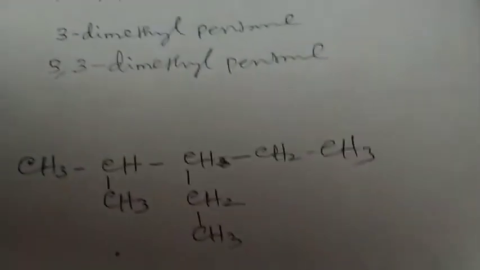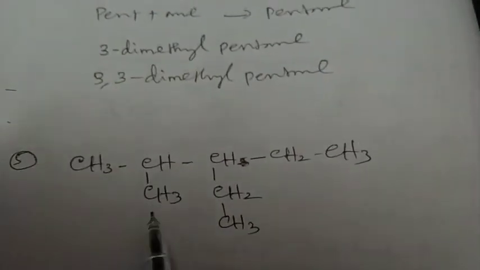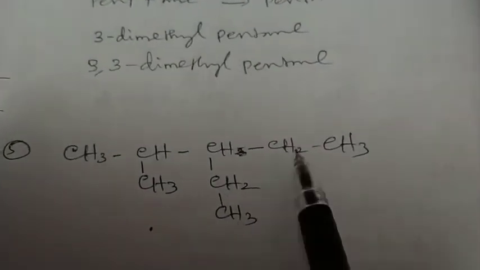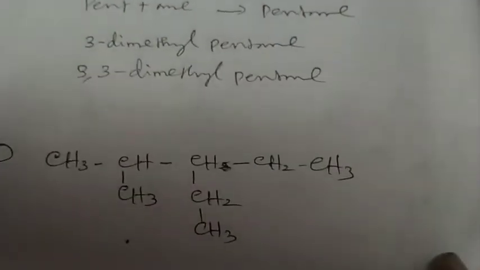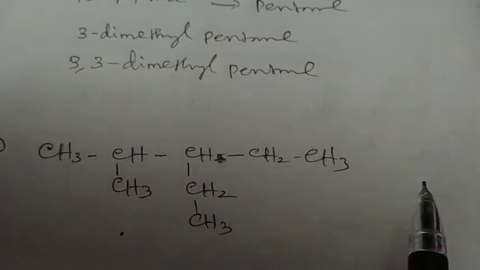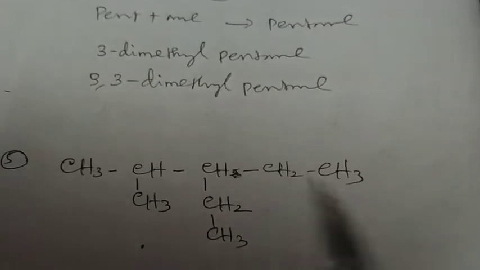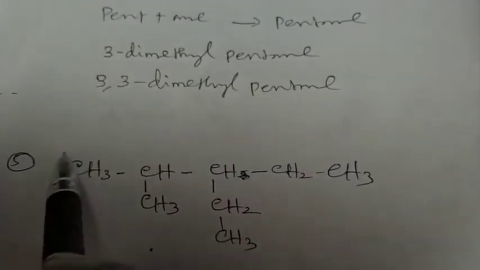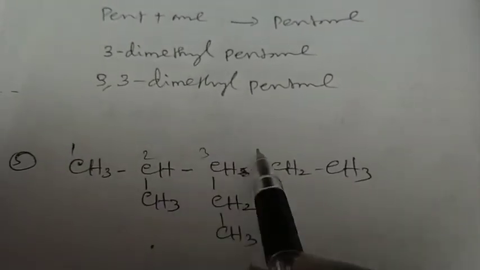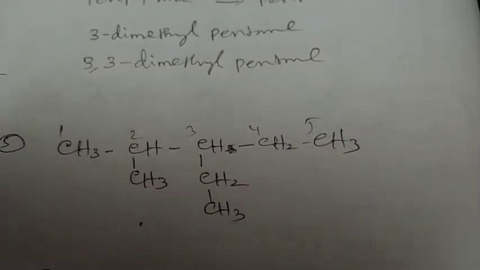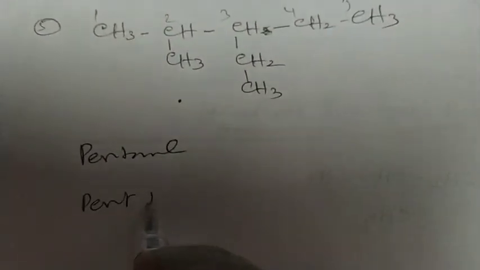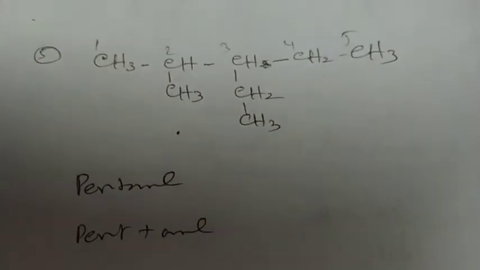See, there is CH3, CH3, CH2, CH3, CH2. So here also only single bonds are given, so the parent hydrocarbon is an alkane. So you have to number the carbons 1, 2, 3, 4, 5. Pentane, pent plus ANE.